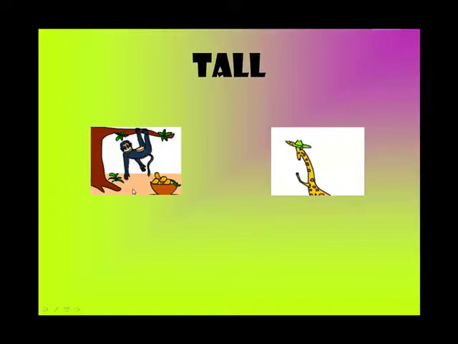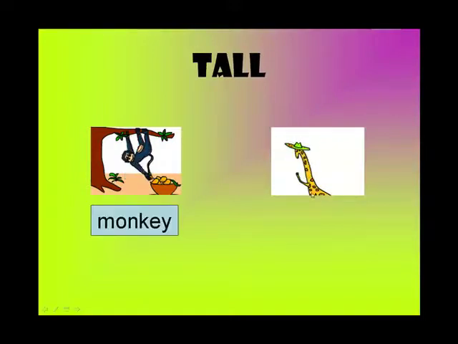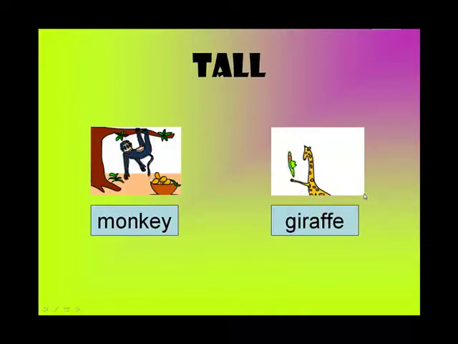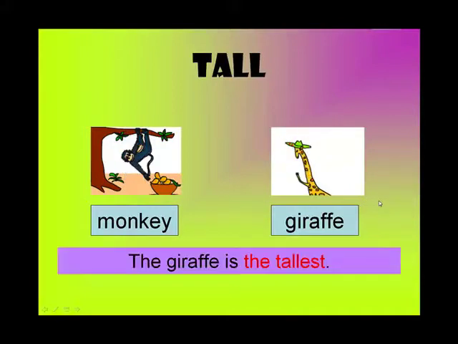Think about what the animal is first. Okay, monkey, and this one, giraffe. Our superlative sentence will be the giraffe is the tallest, because tall is our adjective, and we know that between these 2, she is the tallest. The giraffe is the tallest. That is the superlative.